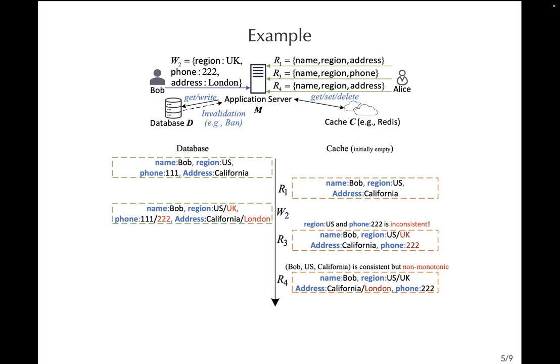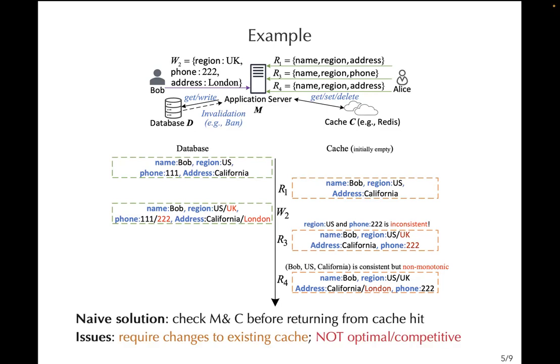So this shows a practical cache validation method can make caching for transactions challenging in maintaining those correctness guarantees. In fact, we have just given a naive solution in the example. We simply check whether the cache hit returns a consistent and monotonic answer to read transactions before returning the answer to the application server. But this comes with its issues.